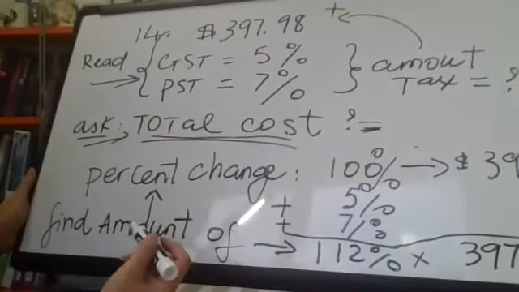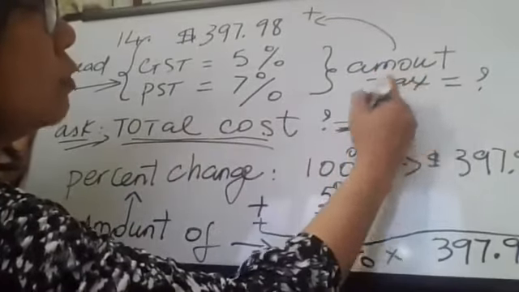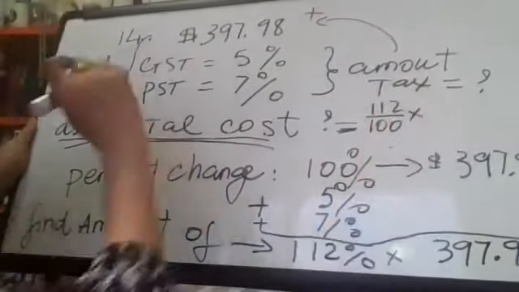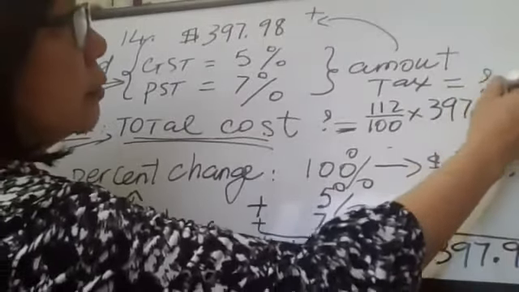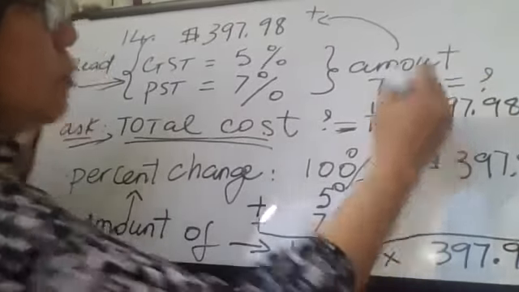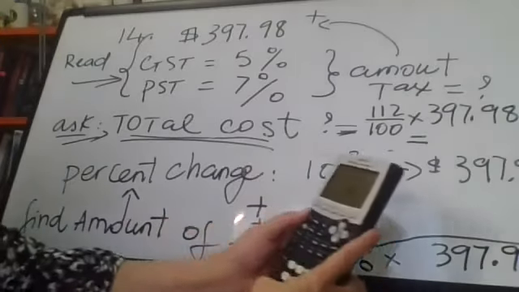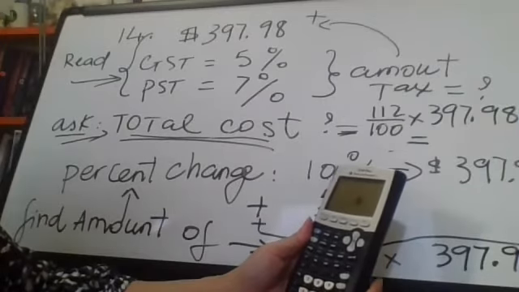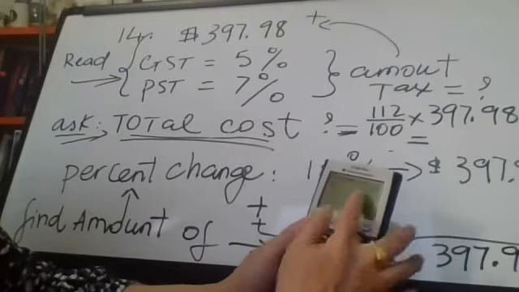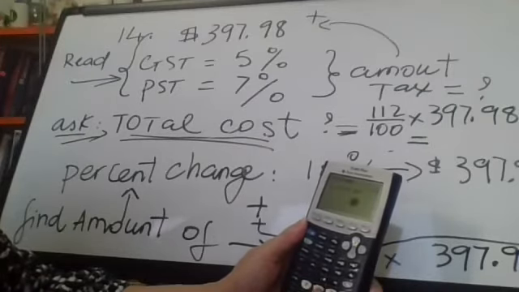397.98. So you use the increasing percent of 112 multiplied with this amount, and you get right to the answer, the total cost. So let's find out 112 divided by 100 times 397.98. 112 divided by 100, enter, you get 1.12, times 397.98.